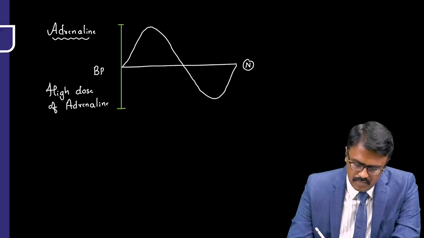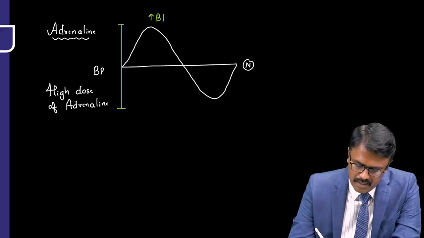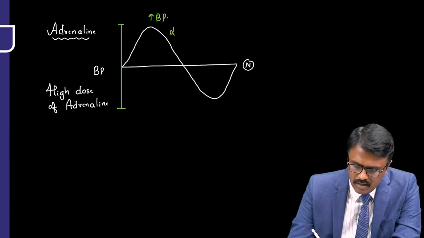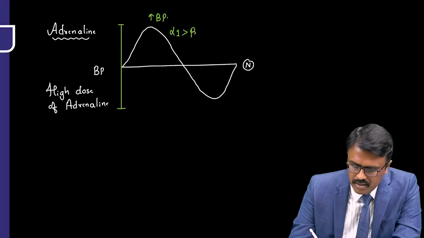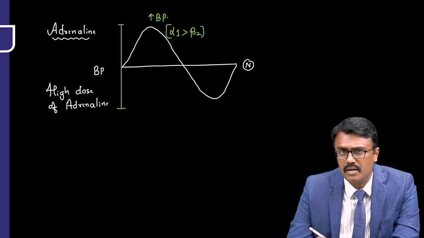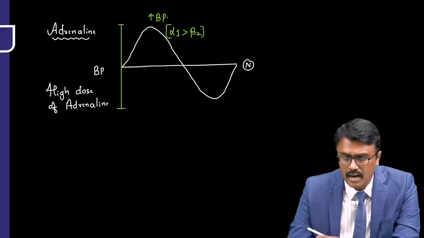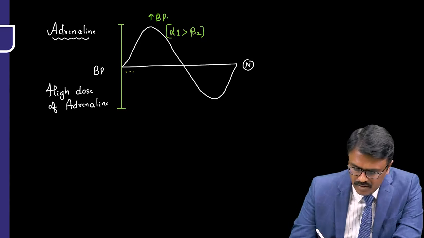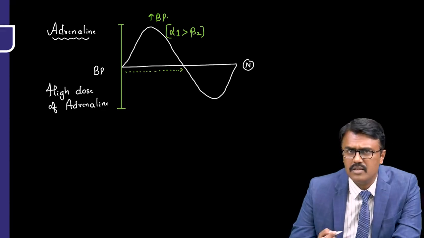Now what is the reason why the BP increased in the beginning? The reason is the adrenaline acted on alpha receptor more than beta 2. So I told you, as the drug levels are more, they can activate alpha 1 receptors. And in the blood vessels, majority of receptors are alpha 1. Now as the time goes on, the adrenaline is metabolized by the body and it is very short acting, because they are catecholamines.